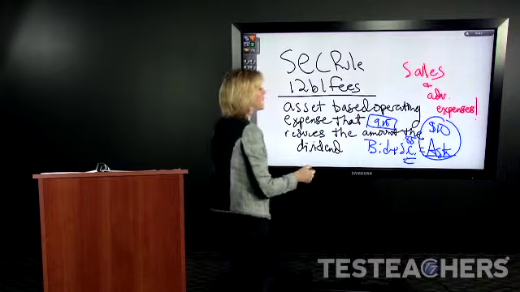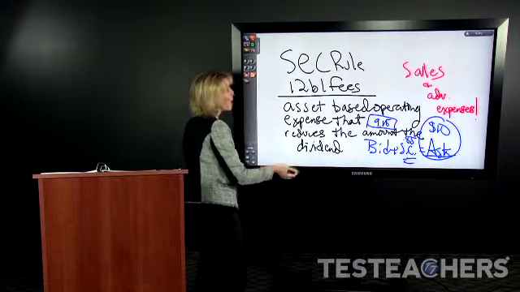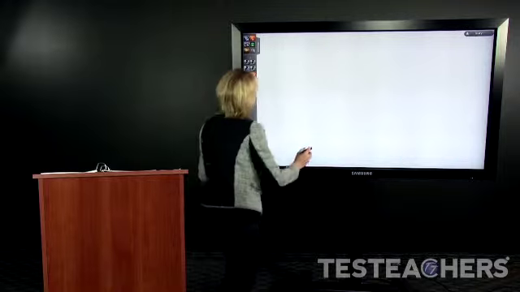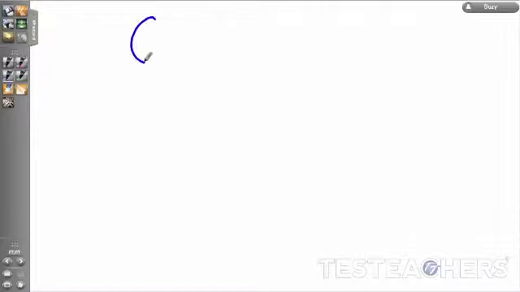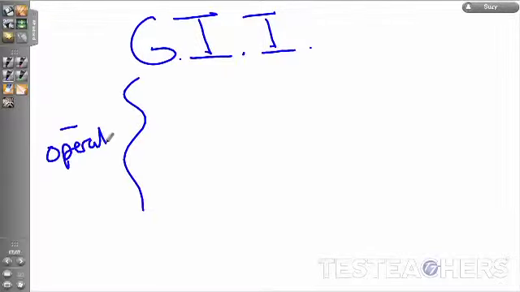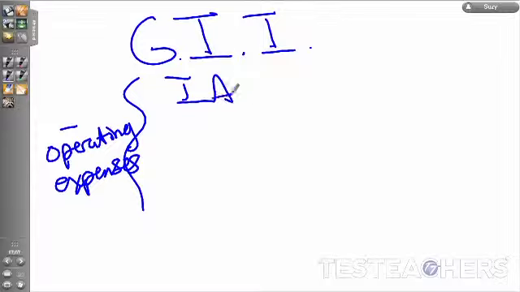So if a fund has no load, but instead has a 12b-1 fee, remember the chart where we made gross investment income, that was dividends and interest from the bonds and the stocks, and we subtracted out operating expenses. And we said the investment advisory fee was the largest expense of the fund.